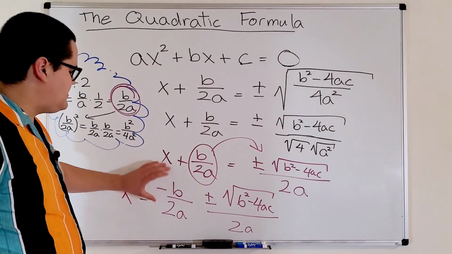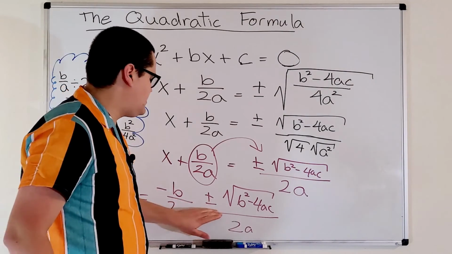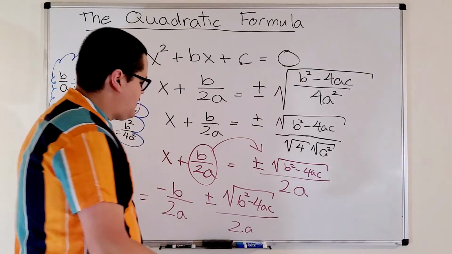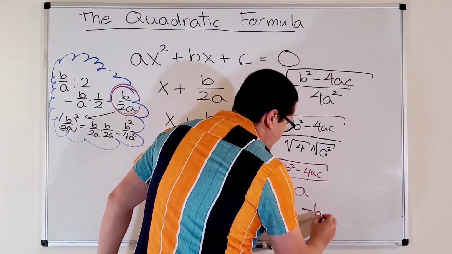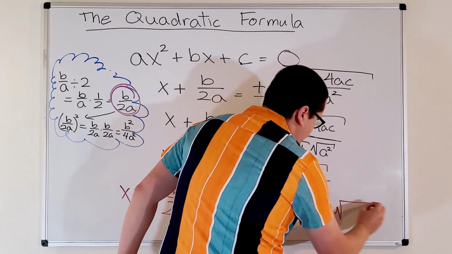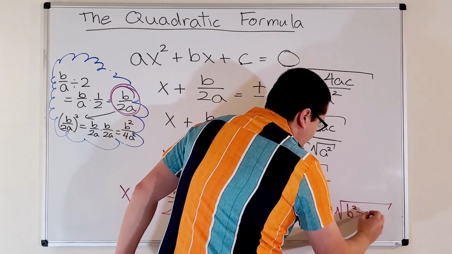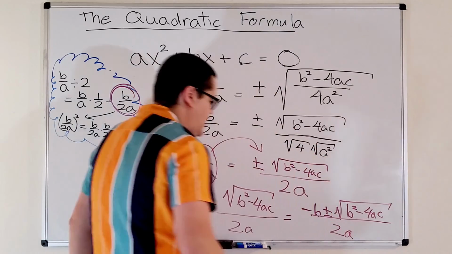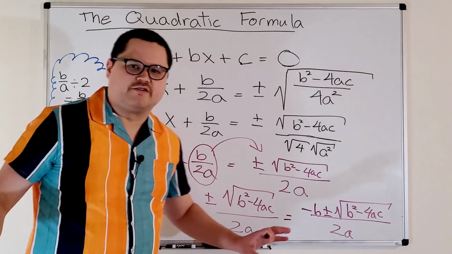And since these two terms have the same denominator, we can write it as one fraction. Negative b plus or minus the square root of b squared minus 4ac, all over 2a. And this is our quadratic formula.